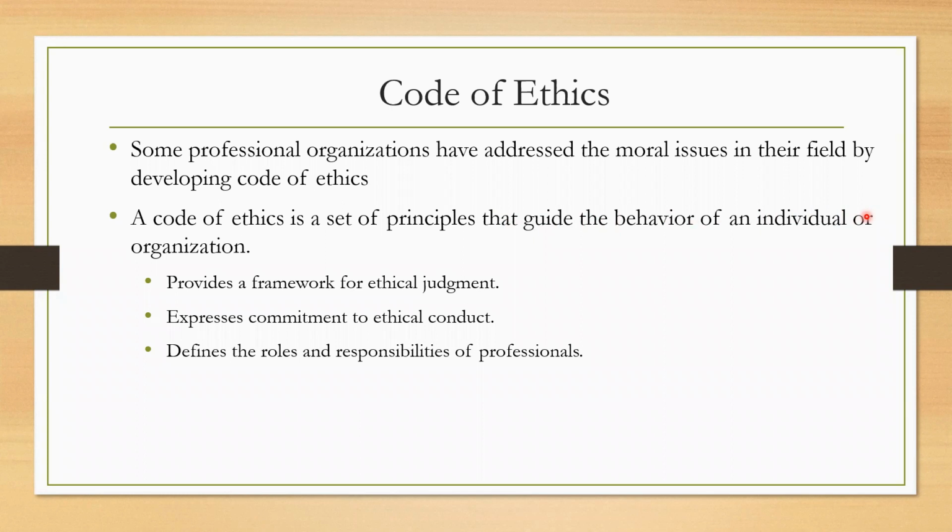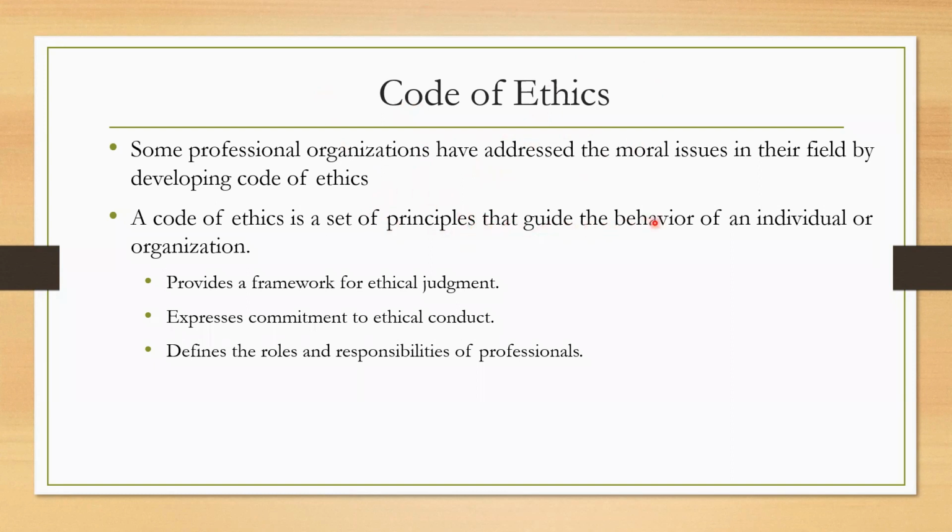So who put this together and why? Actually, some professional organizations may face some ethical issue. So they sit together and decide to address that issue, and then they come out with some principles.